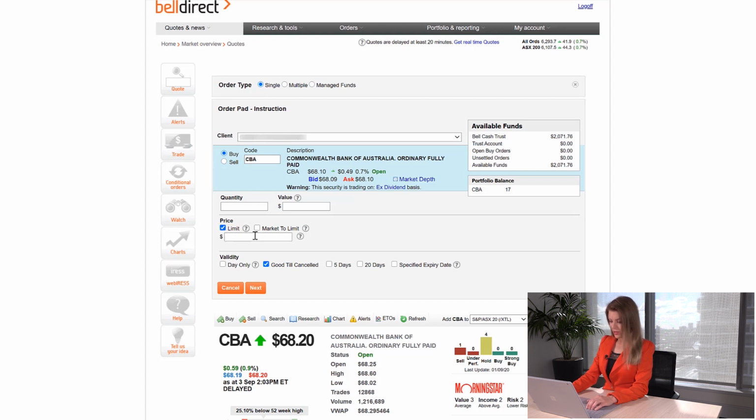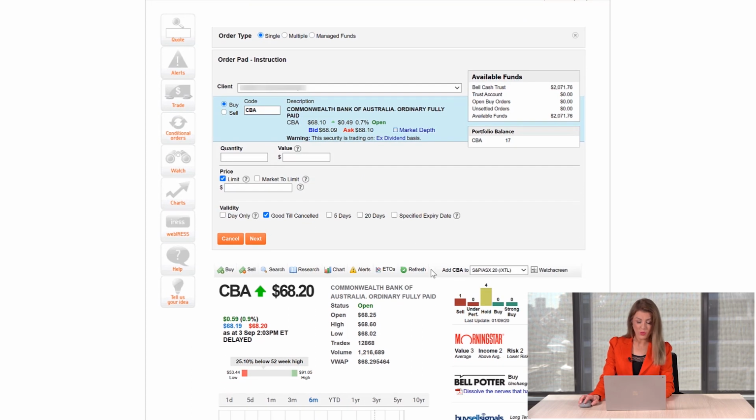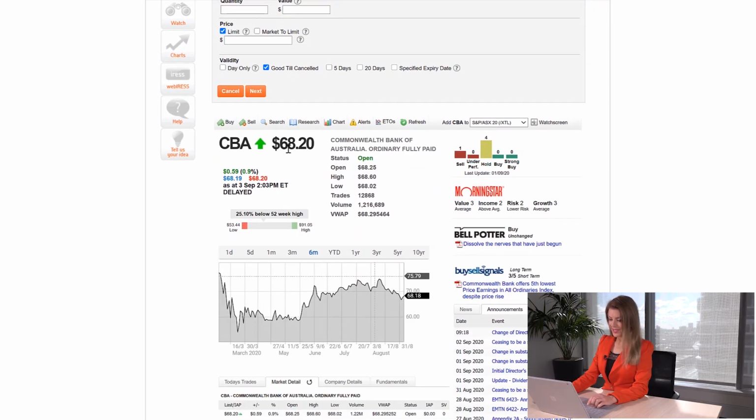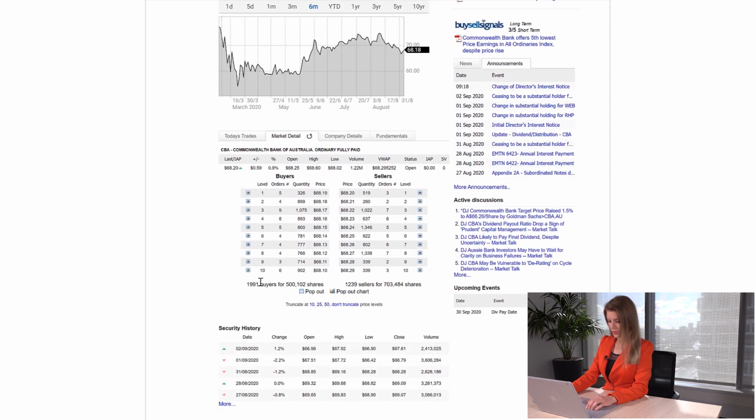I might just want to see where the biggest clusters of trades are to increase my chances of my order going through. So remember, we know this is where the stock is trading, current price up here, but let's scan down to see those that are selling their shares in the market.